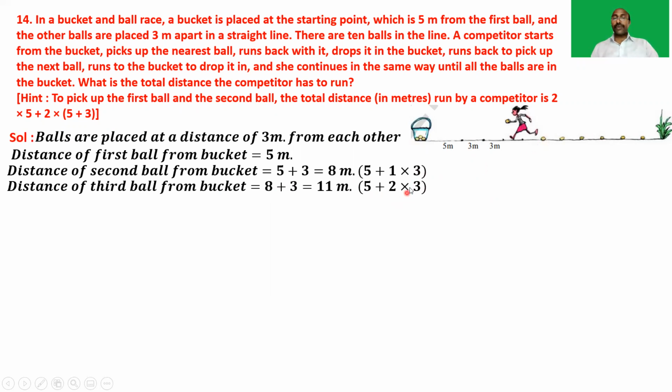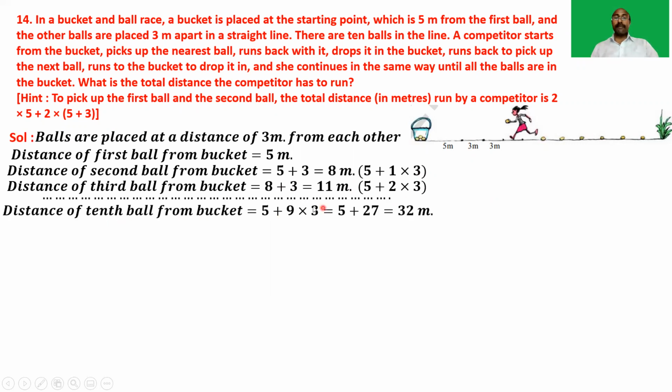It is equal to 5 plus 2 into 3. In that way, the distance of the 10th ball from the bucket is 5 plus 9 into 3, that is 5 plus 27, which is equal to 32 meters.